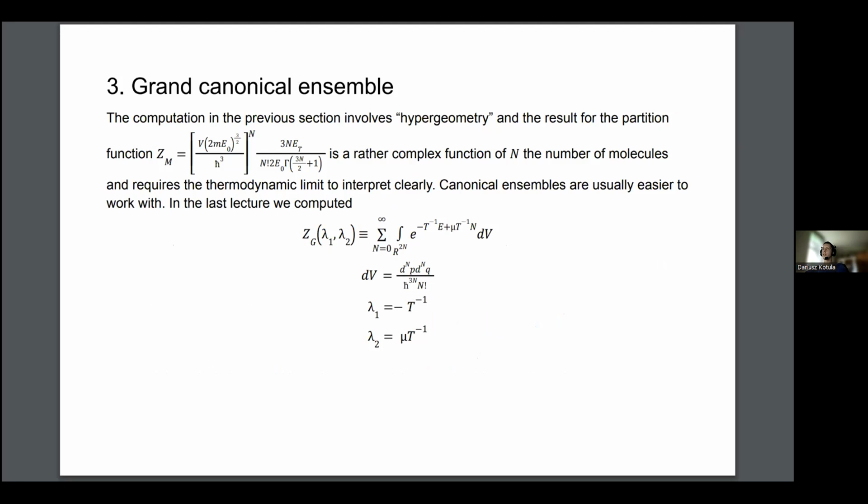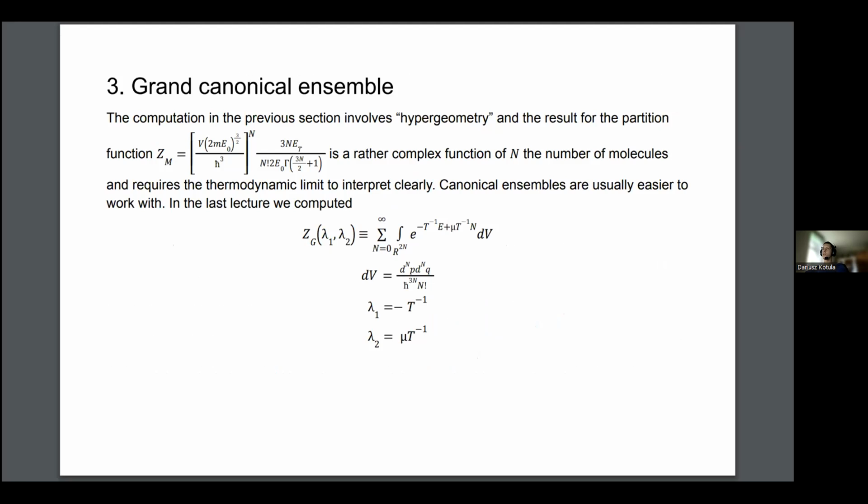The computation in the previous section involves hypergeometry, and the result for the partition function is a rather complex function of n, the number of molecules, and requires the thermodynamic limit to interpret clearly. Canonical ensembles are usually easier to work with.